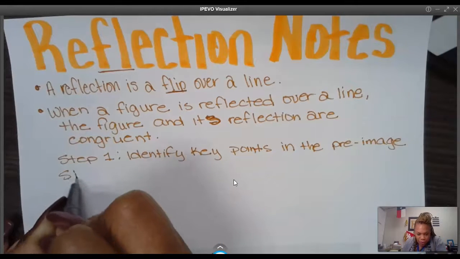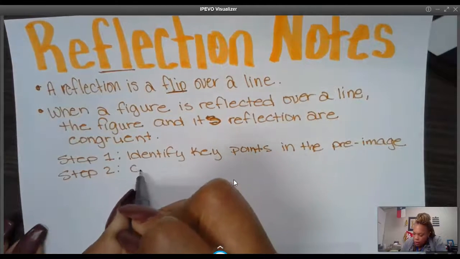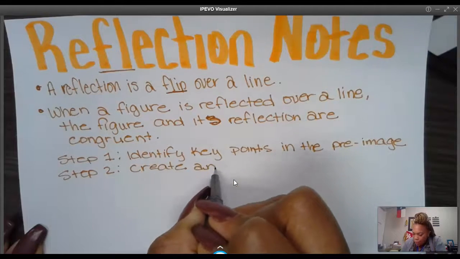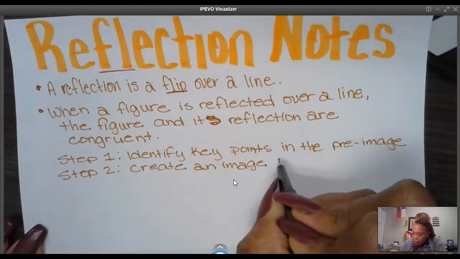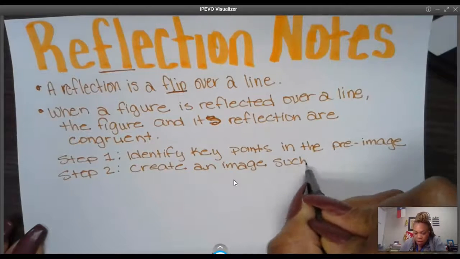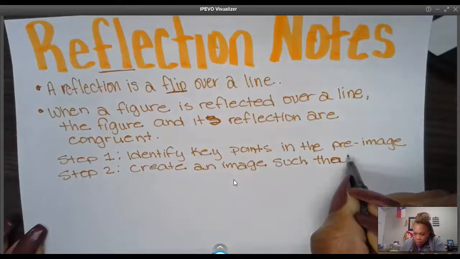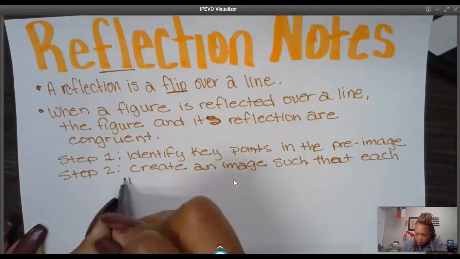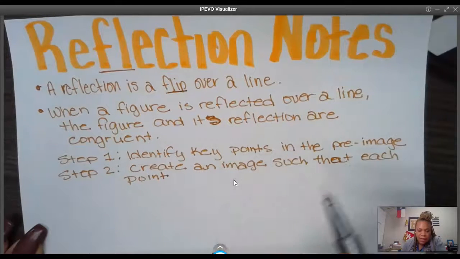And then step 2, you're going to create an image such that each point maintains its distance from the line of reflection.